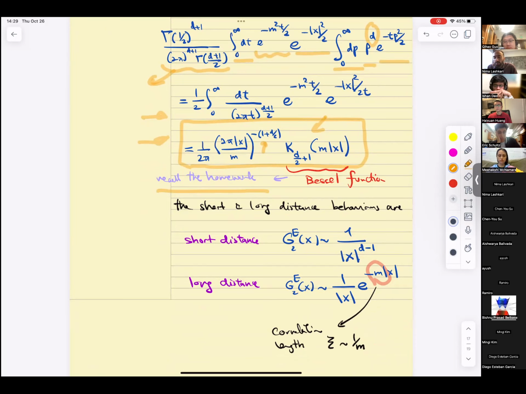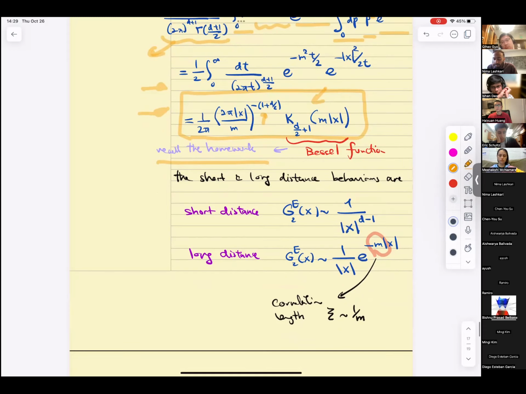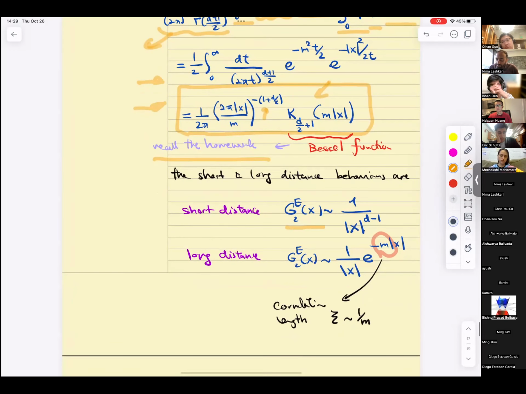Now, Bessel functions, you can expand them in small and large arguments. If you do that, that gives you the short distance and long distance behavior of the 2-point function. At short distance, it behaves like 1 over distance to the power of d minus 1. At long distance, it decays like e to the minus m times distance.